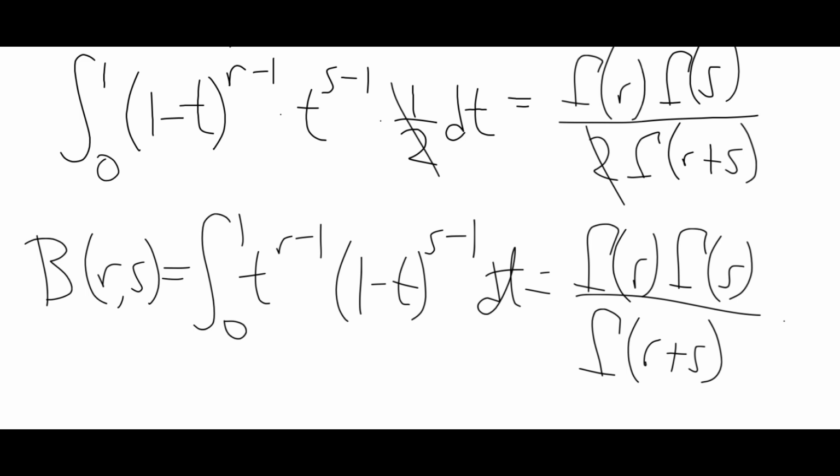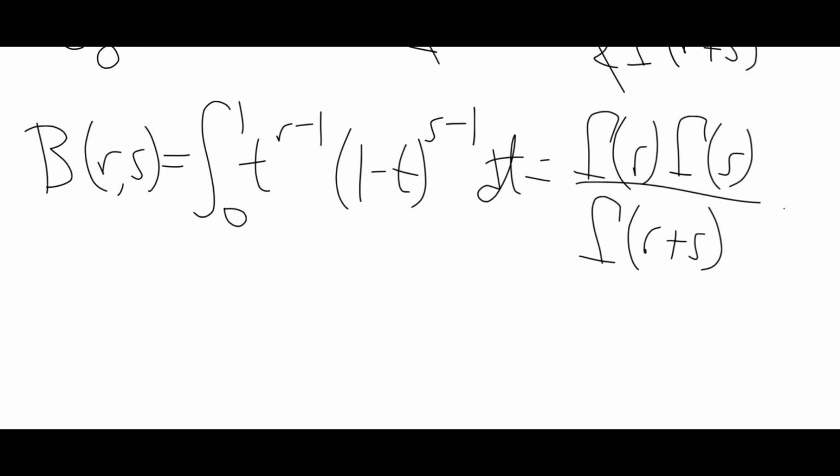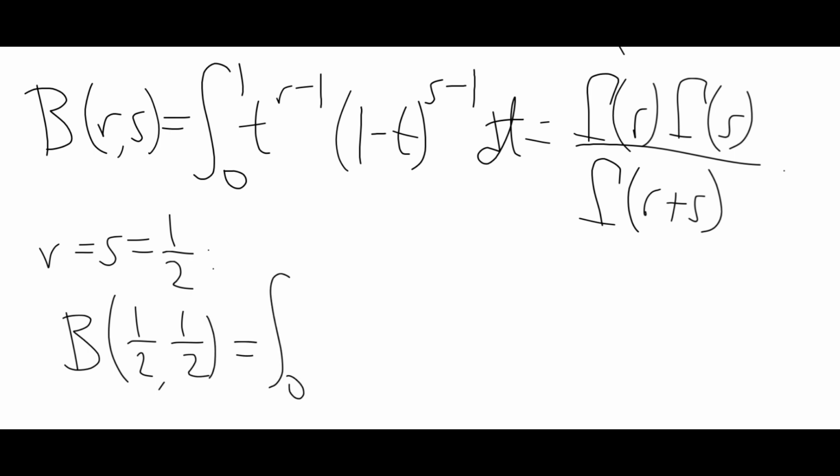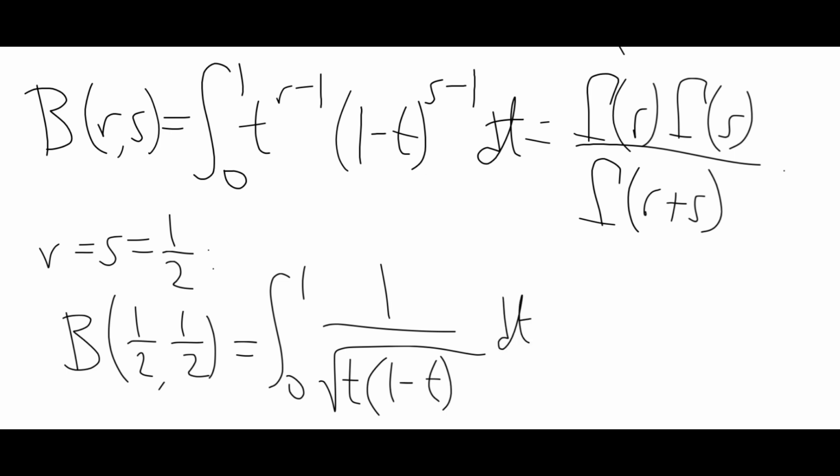Now this gives us another way of computing some values of gamma. So for example, if I want to compute gamma of 1/2, I can let r and s be 1/2. And I get the integral of 1 over root t times 1 minus t dt. Now if I go back to the trigonometric form, this is twice the integral from 0 to pi over 2.